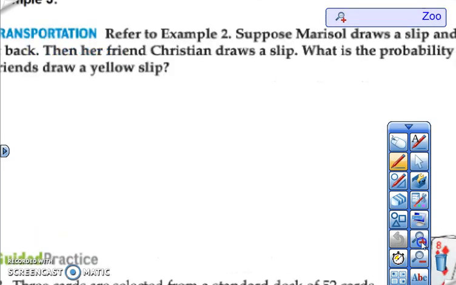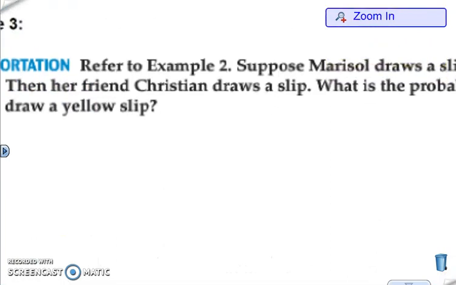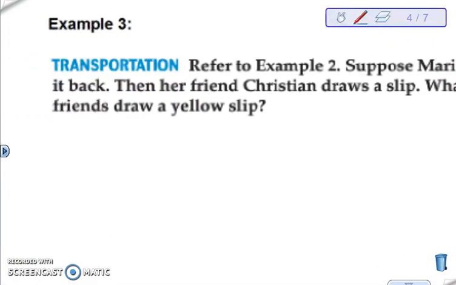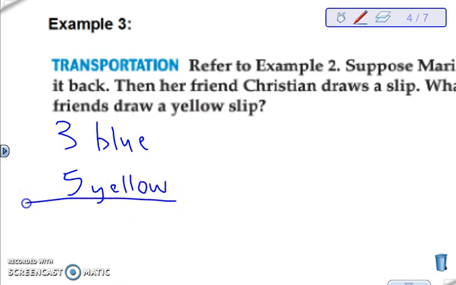So if we use the same setup as before, we're going to draw out 2 slips, but this time we're not going to put the first one back. So we're starting out with 3 blue, 5 yellow, 8 total. So the probability that the first one I get comes out yellow is 5 out of 8.